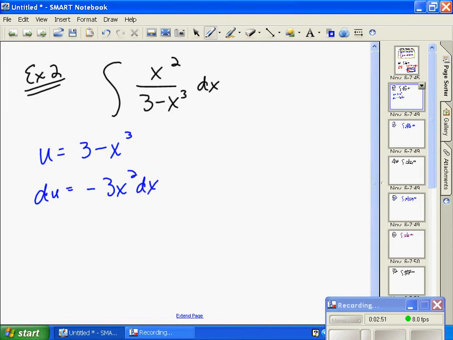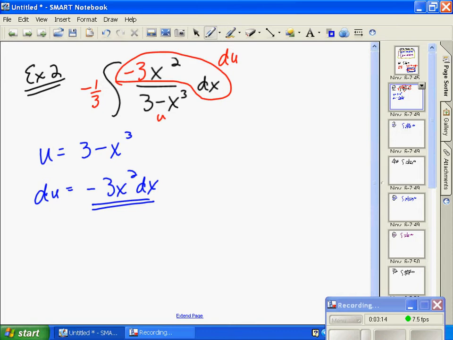I'm looking for negative 3x squared and dx. And if I look up here, I'm missing a negative 3 for my x squared dx. So there is my du, and that means I need to put a negative 1/3 out front. There's my u.